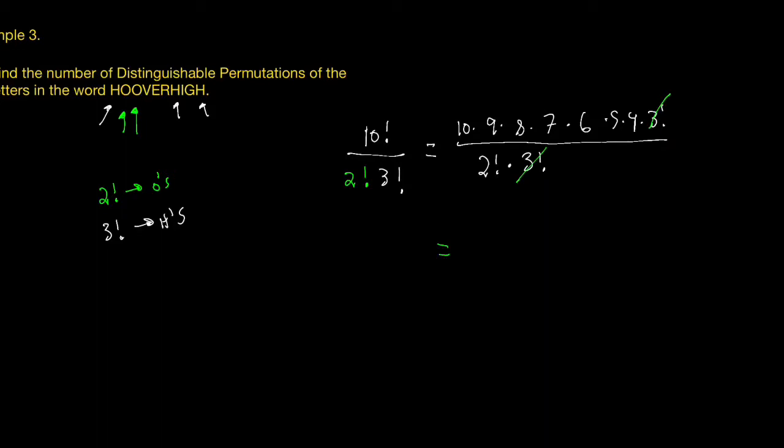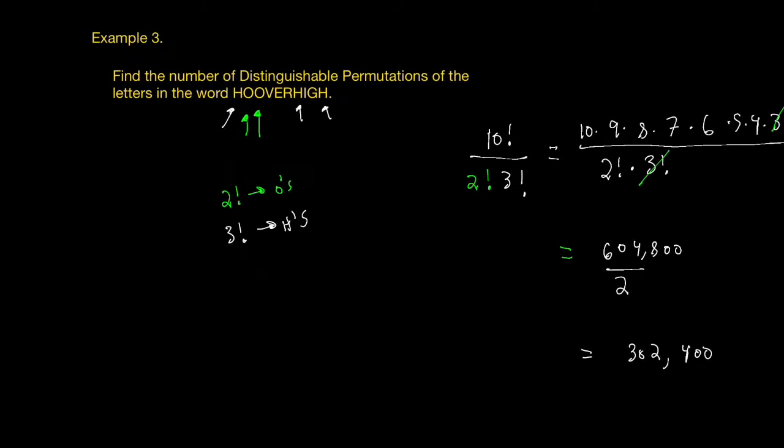So here, 2 factorial is just 2 times 1, which is 2. And for my numerator, I'm going to get 604,800. So when we divide that by 2, we get 302,400. And that's the number of distinguishable permutations of the letters in the word Hoover High.